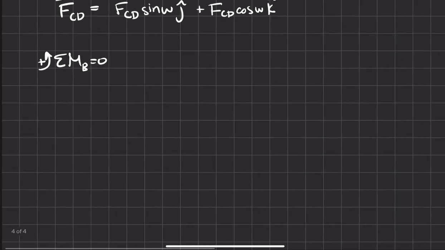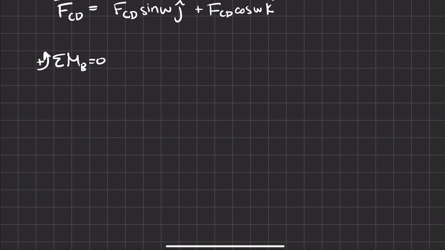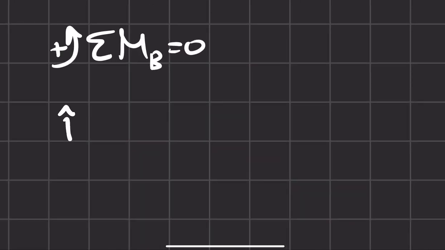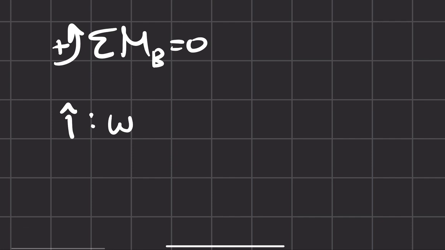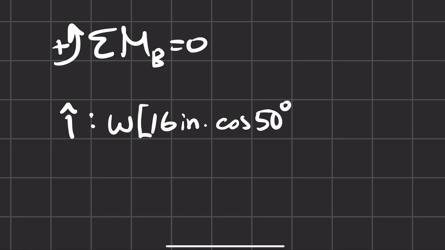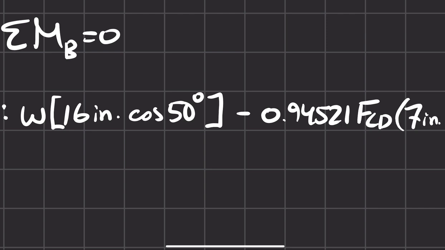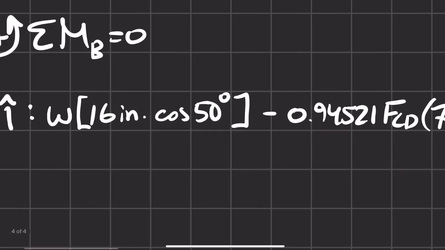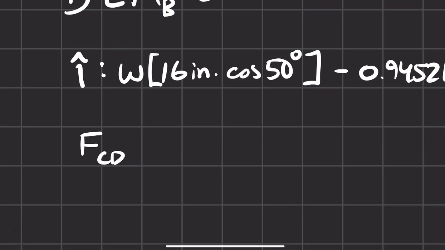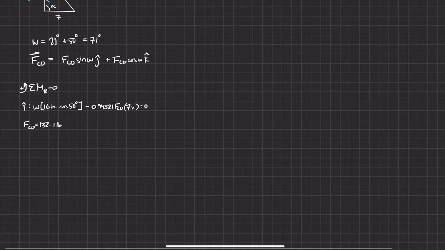You set those equal to 0, and you'll get in the I component that the weight times 16 inches cosine of 50 degrees minus 0.94521 FCD times 7 inches is equal to 0. We only have one unknown here, which is FCD. Solving for that gives us 132.1 pounds. And that is the final answer.